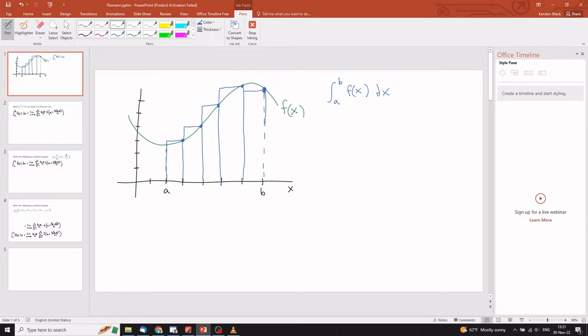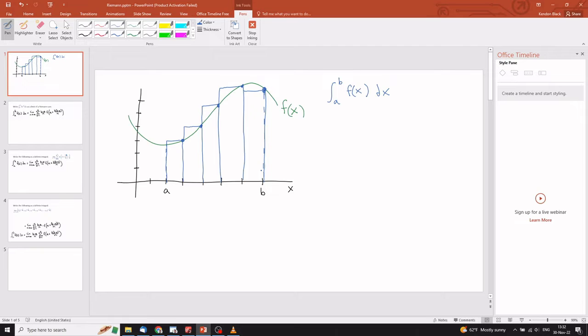Okay, so my right Riemann sum setup would look something like this. And the idea is, if we just add the area of each individual rectangle, we're going to get an approximation of the area between the function and the x-axis, which is what the definite integral represents. Now, if we use more rectangles, if we make them narrower, we're going to get a more accurate approximation.